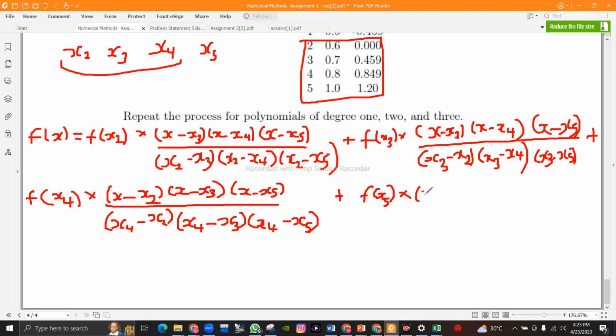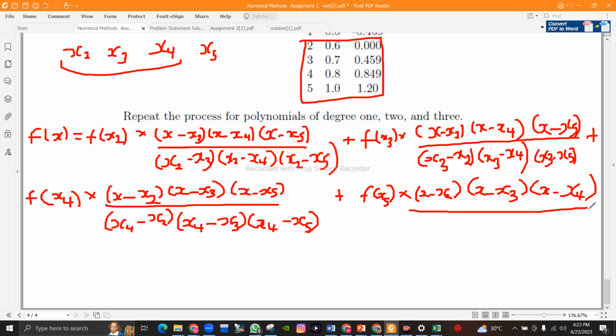That's x minus x2, x minus x3, and x minus x4, divided by x5, sorry, we're using x5 now, minus x2, x5 minus x3, and then x5 minus x4.